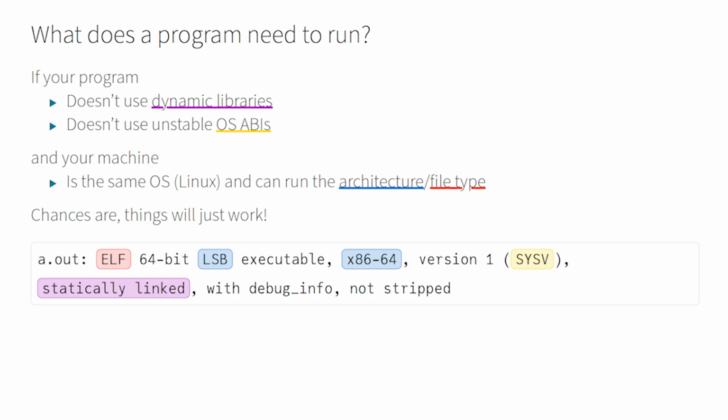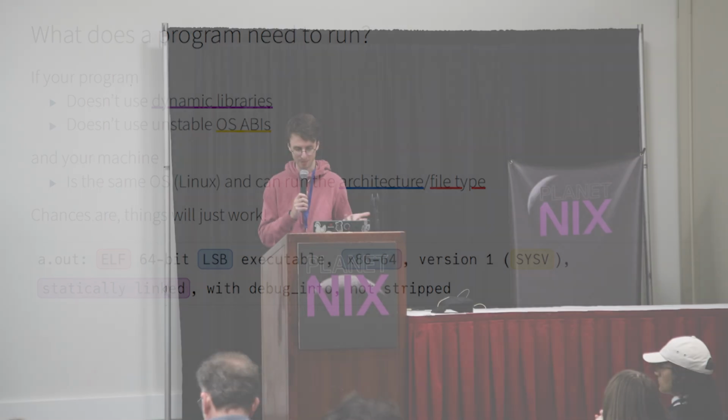I'll give you an example of a program that does just work out of the box, which is highlighted below. Basically, if you don't have any dynamic libraries, you're not doing dlopen at runtime or anything like that, you're not using any unstable OS ABIs, which generally speaking is never an issue, but if you're doing some jank stuff, it might be.